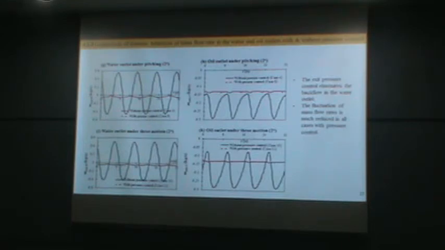And the fluctuation of outlet mass flow rate is much reduced in all cases with pressure control. You can see in the animation below with pressure control at the water outlet, there is no backflow here.